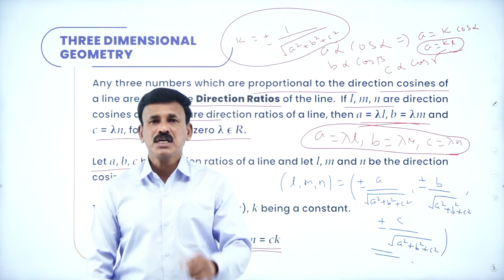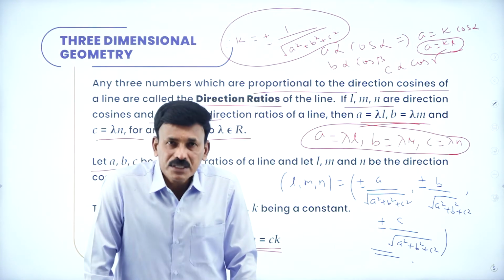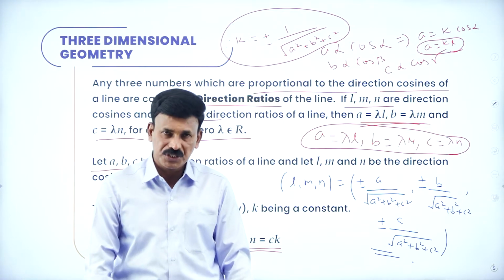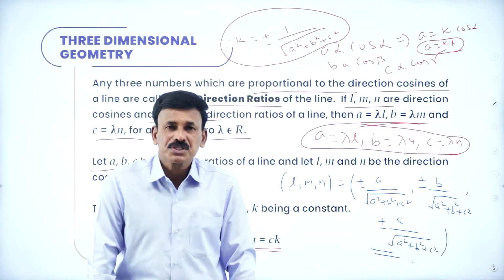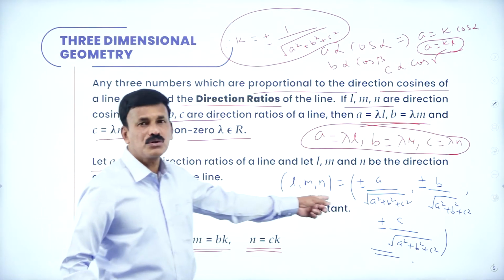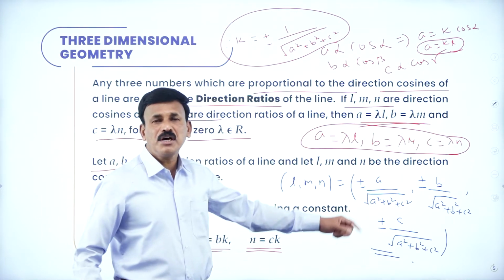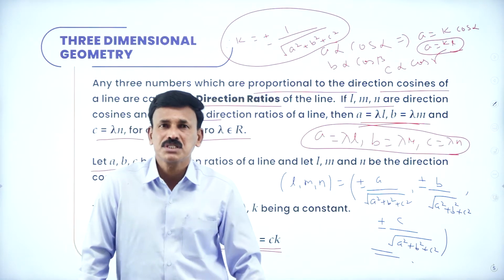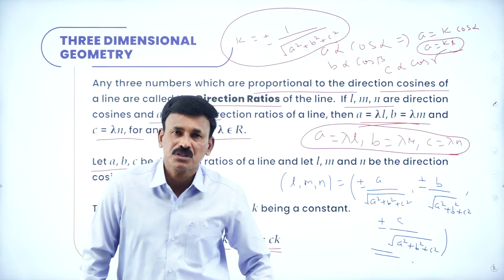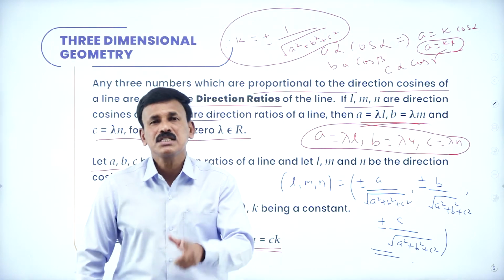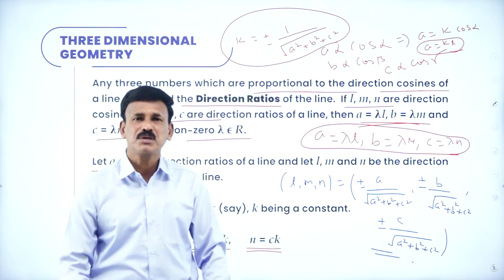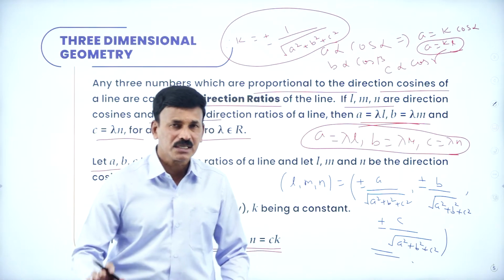Suppose A, B, C are the direction ratios, then the direction cosines L, M, N are given by plus or minus A by root of A square plus B square plus C square, plus or minus B by root of A square plus B square plus C square, plus or minus C by root of A square plus B square plus C square. That is a simple concept which you have to remember.